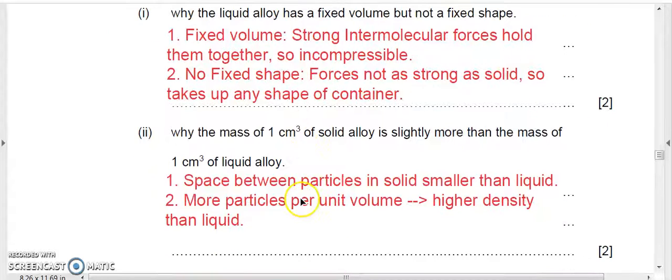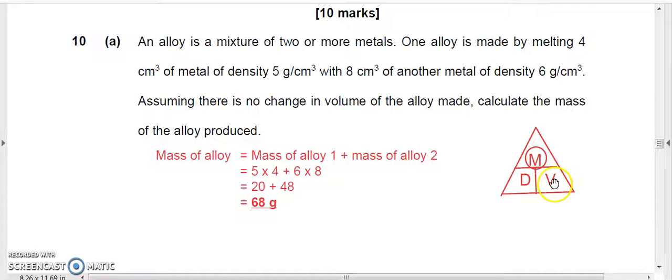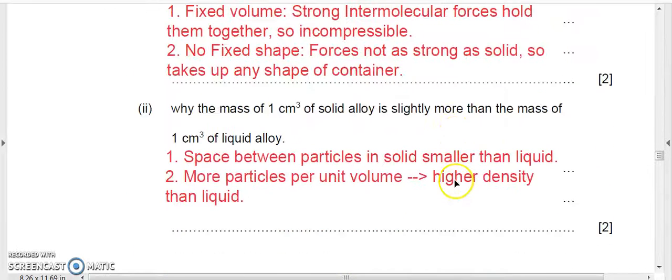Part 2: why is the mass of a 1 cm cube of solid alloy slightly more than the mass of a 1 cm cube of liquid alloy? Mass per unit volume is density, so you've got to use the formula density equals mass over volume. First, you compare solids and liquids.